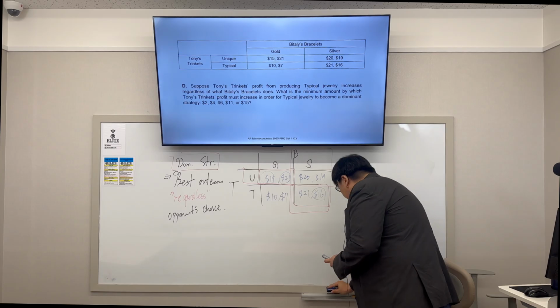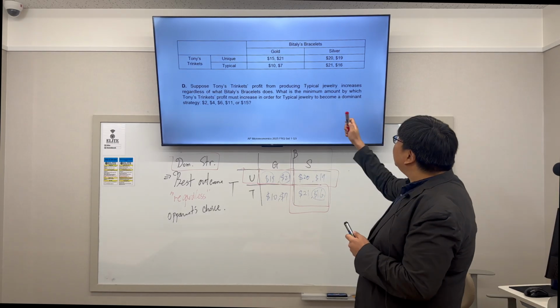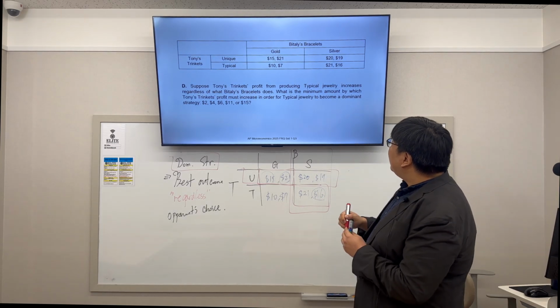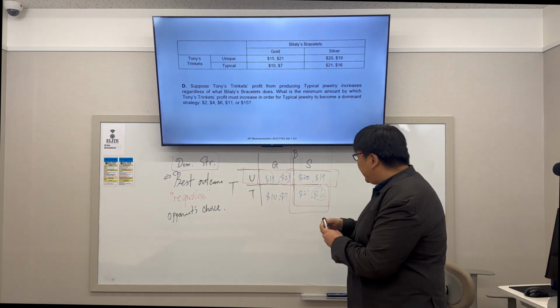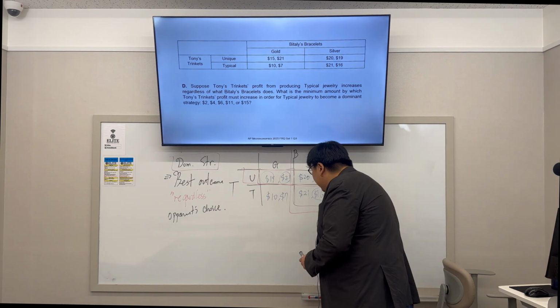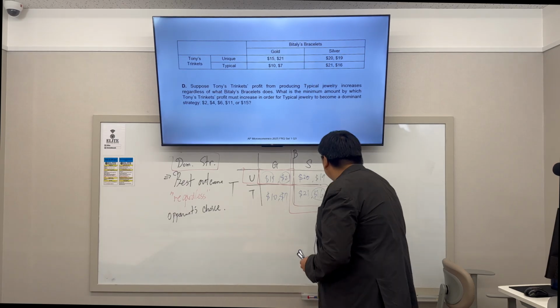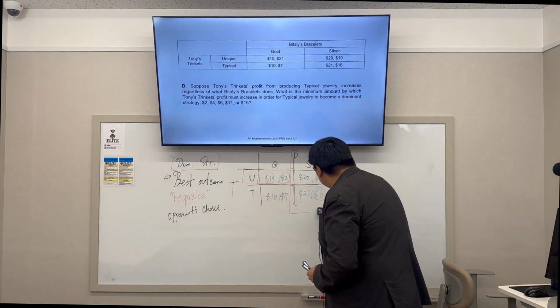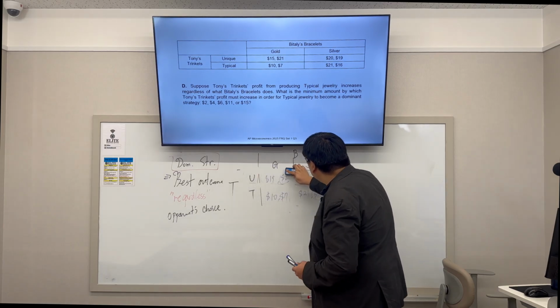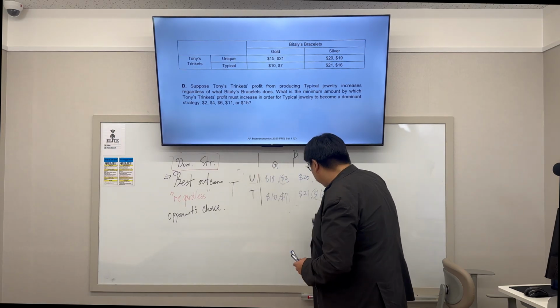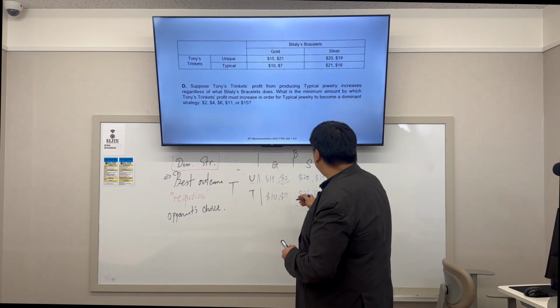So let's analyze the question. Regardless of what Billy's Bracelet does, T, in this case, let's remove some of the red lines here.